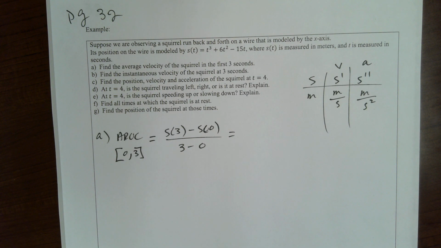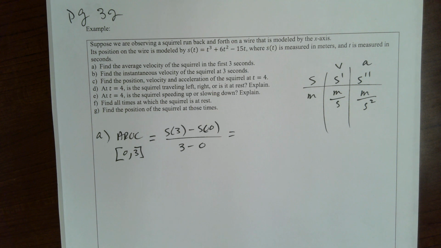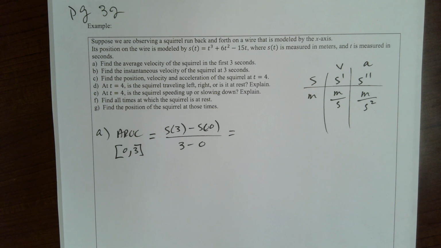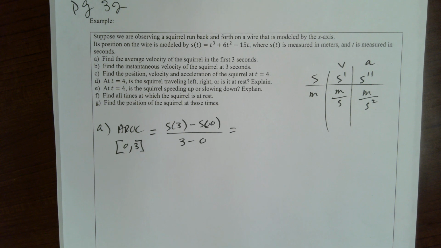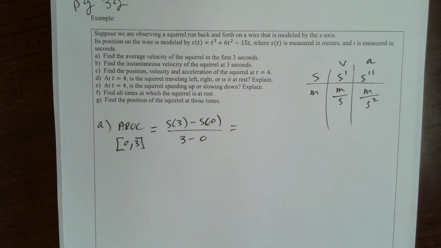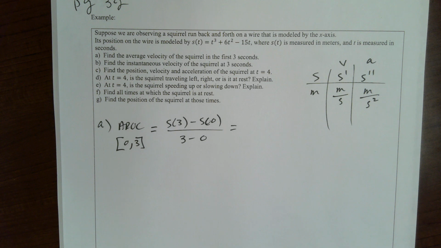I'm just plugging into the original, so I am not taking the derivative. Ah, I messed up. Okay, so 27 plus 6 times 9 minus 15 times 3.